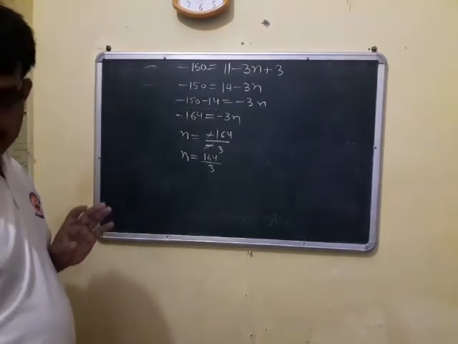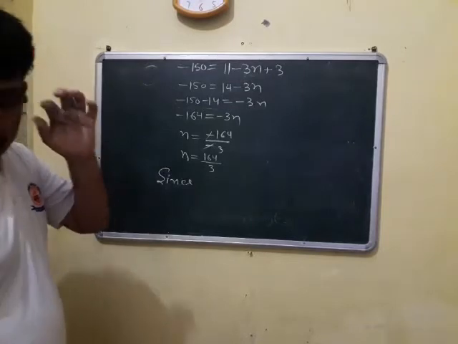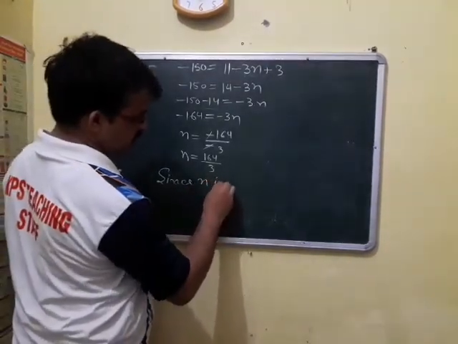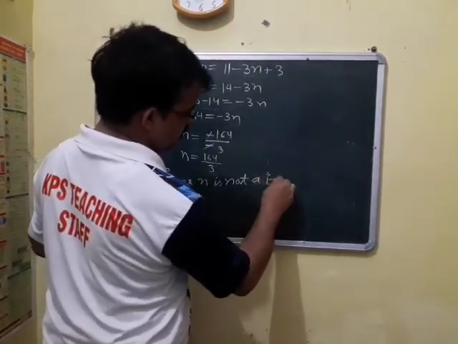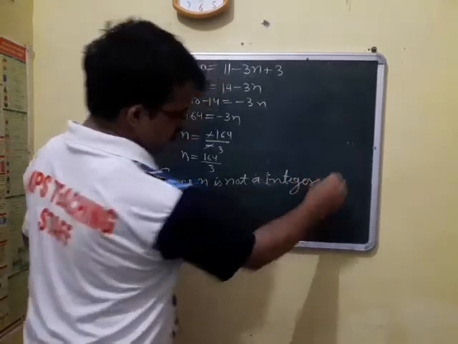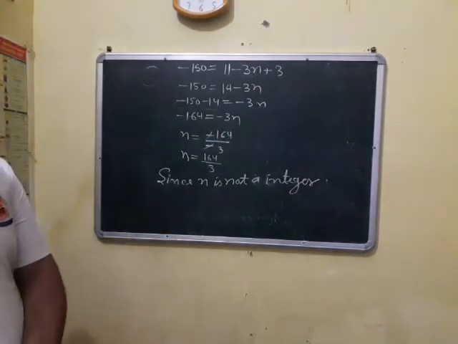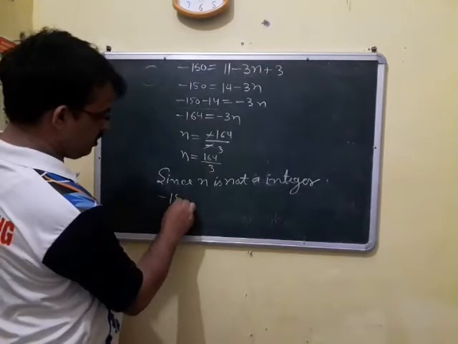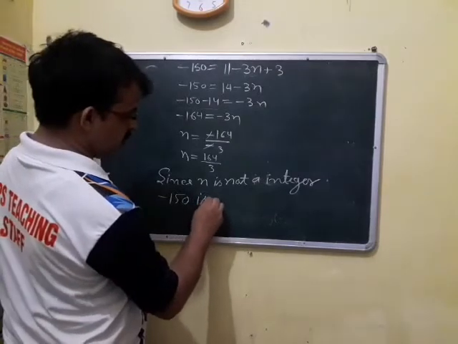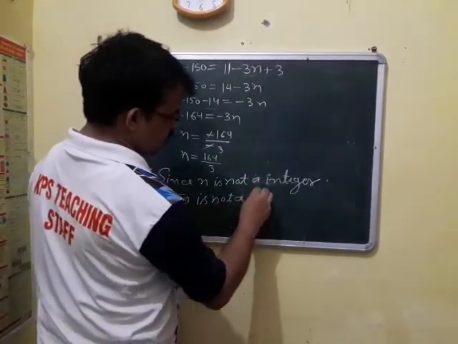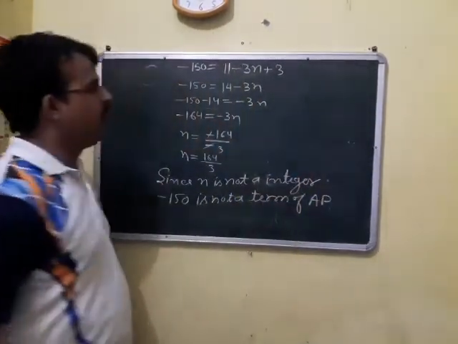Since n is not an integer, minus 150 is not a term of the AP, clear.